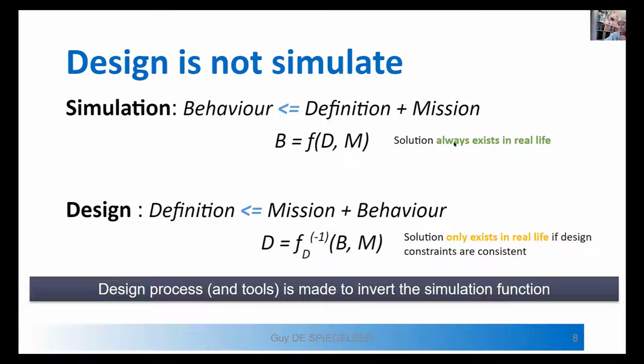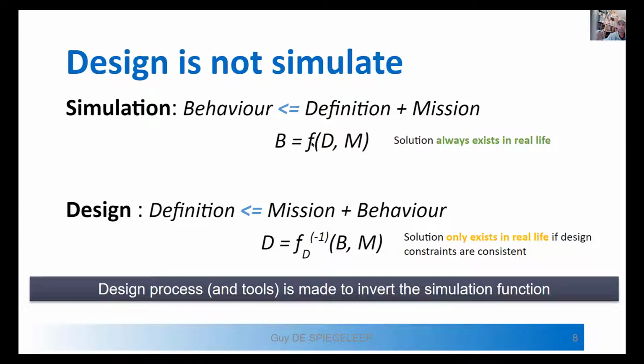The simulation solution always exists in this case, because we live in a world where there is only one behavior in real life of an object under mission. You will never see two engines splitting in the real world because there are different solutions. So the solution always exists in real life.